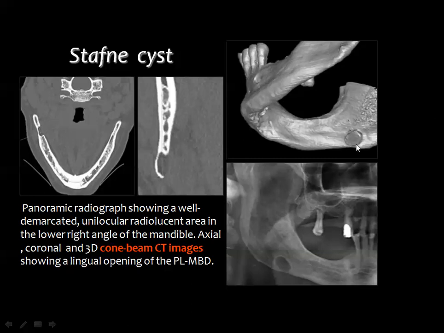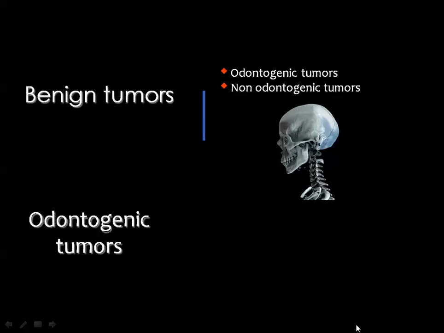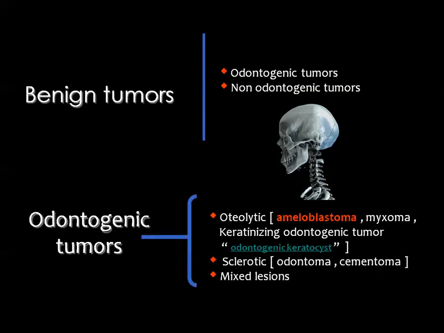Now we came to the benign tumors, and of course on top of these benign tumors, we have the odontogenic tumors and then the non-odontogenic tumors. The odontogenic tumors are classified into osteolytic and sclerotic and mixed lesions, and on top of these lesions by far is the ameloblastoma.